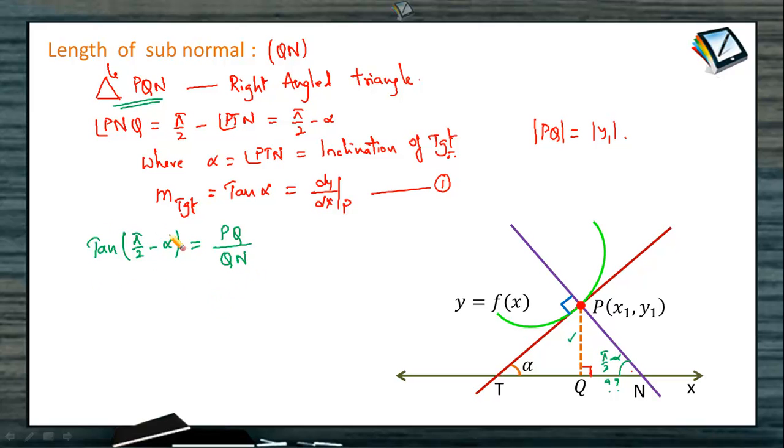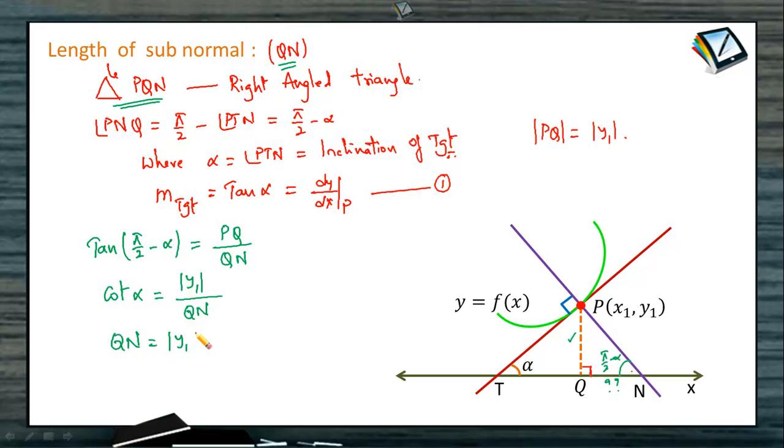Now what is tan of 90 minus alpha? We all know this is cot alpha. What is PQ length? The opposite side, that is the ordinate of the point, mod y1, by Qn, which is your length of subnormal required, isn't it? So can you tell me what would be the Qn length?